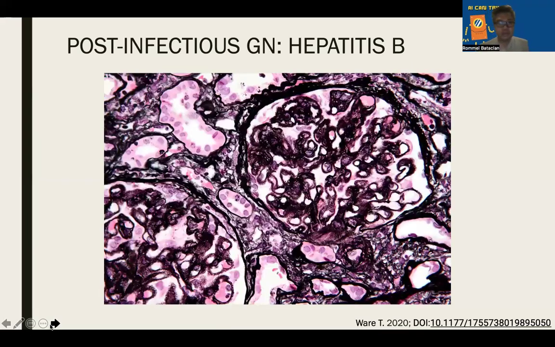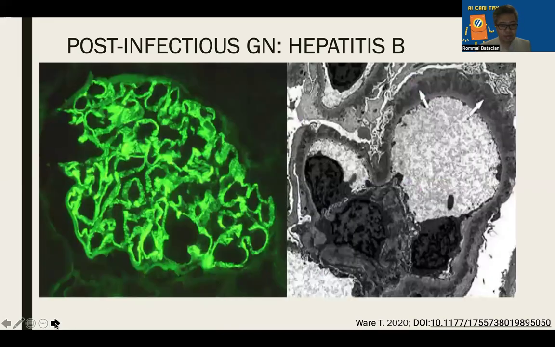As you can see here, again, there is thickening of the basement membrane and the capillary walls. And then there is a much more intense staining of the IgG, and there are still subepithelial deposits, so similar to a membranous nephropathy. There are also dense deposits seen in the basement membrane.